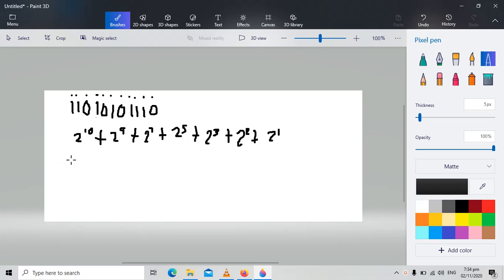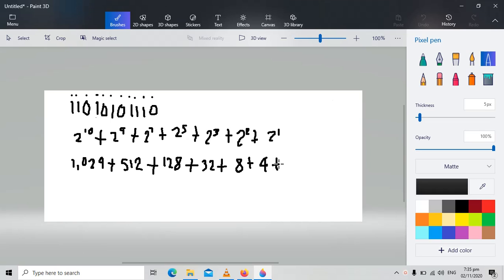2 to the power of 10 is 1024. 2 to the power of 9 is 512. 2 to the power of 7 is 128. 2 to the power of 5 is 32. 2 to the power of 3 is 8. 2 to the power of 2 is 4.